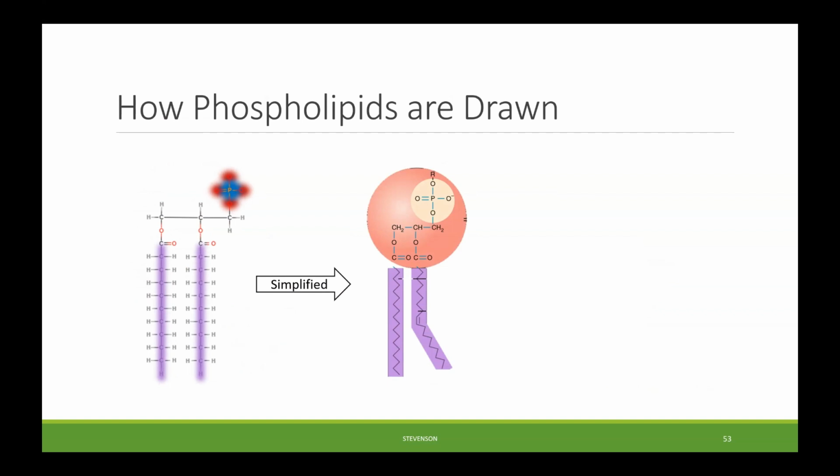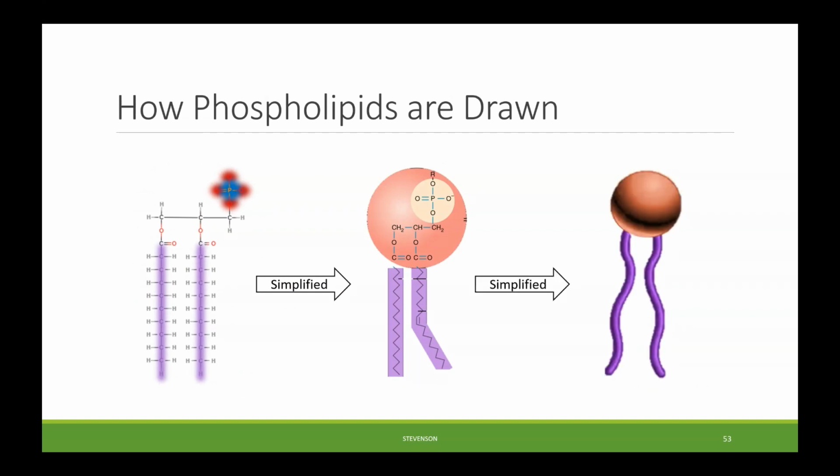Biologists draw the polar phosphate group as a circle at the top, and then the 2 fatty acid chains as these tails that are hanging off of the circle. So when you see this drawing that looks kind of like this weird little jellyfish, it's actually illustrating a phospholipid, but it's not showing the full complexity.